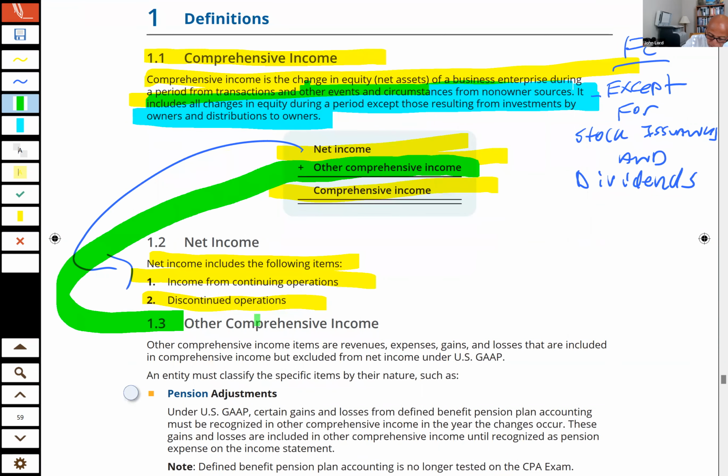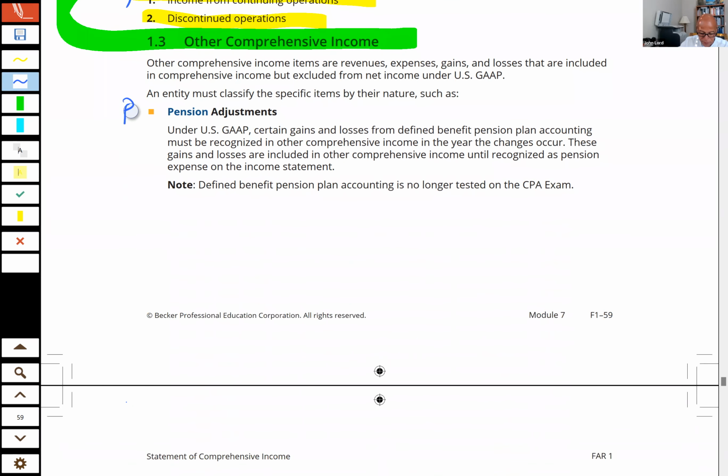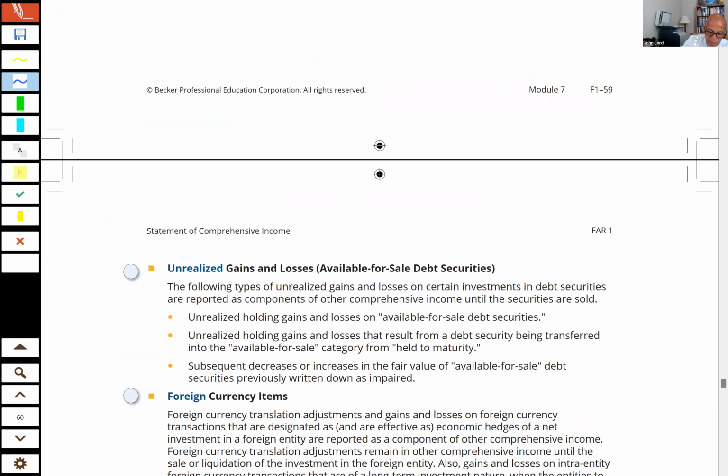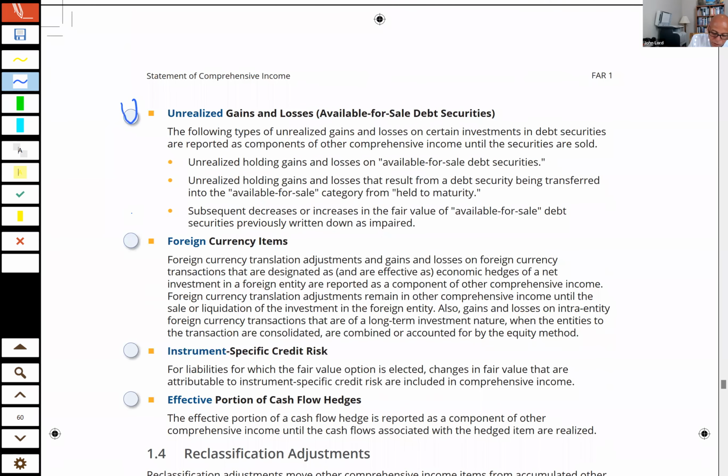And my other comprehensive income items are made up of, or constituted of, pension adjustments, which is the P in this mnemonic puffer they're going to give you, unrealized holding gains and losses on available for sale security, foreign currency items, instrument-specific credit risk, and effective cash flow. So I think they call that puffy, okay?